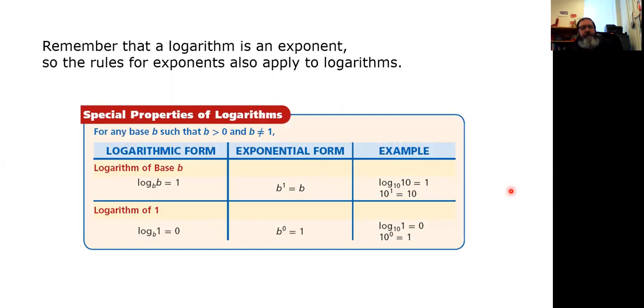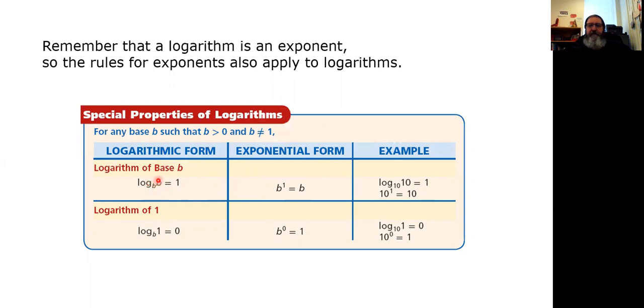A few properties, and these are laid out a little bit different than they are in your book, but they're the exact same properties. I just think this is a little bit easier to read. And I mentioned both of these to you earlier when we were doing the examples. So log base b of b is always equal to 1 when the base and this number, when these two numbers are the same.